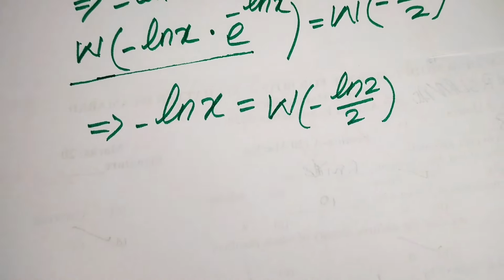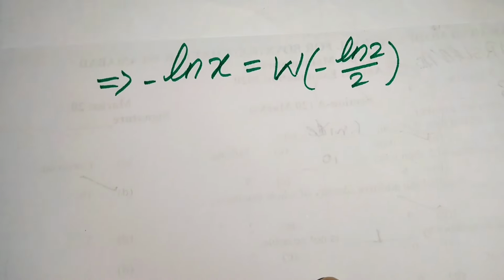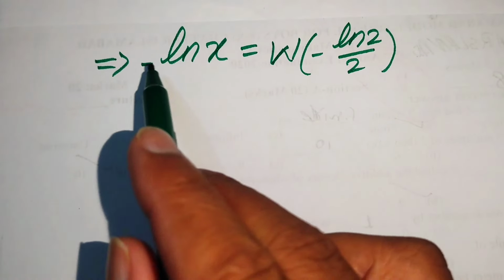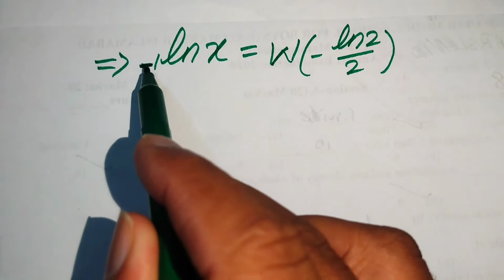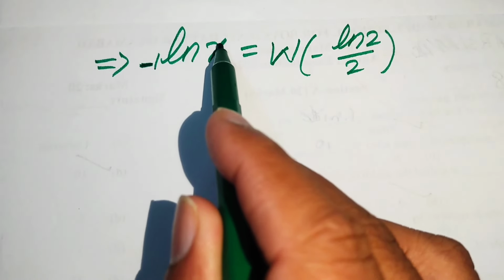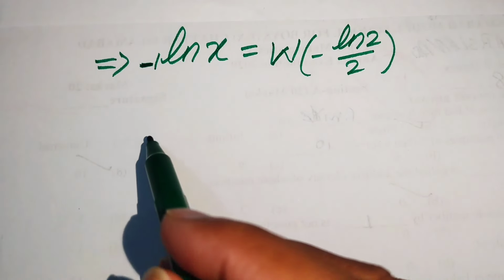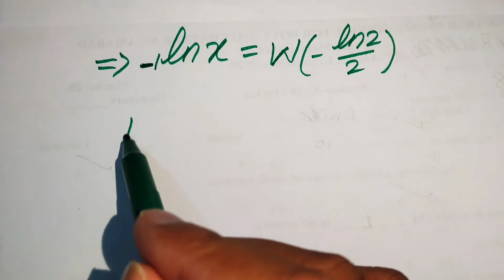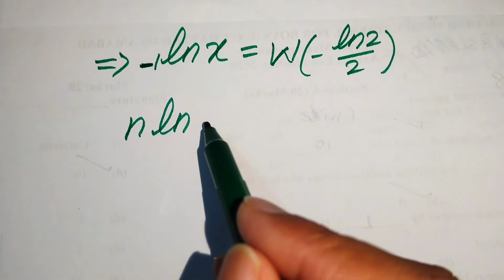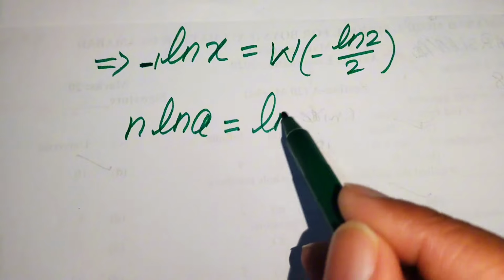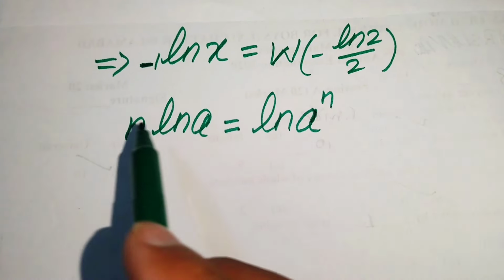Because in this question our target is to find the value of x, now we move this exponent minus 1 to the power of x by using the nice property of logarithm. You know that if we have n times log a, it equals log of a to the power of n.